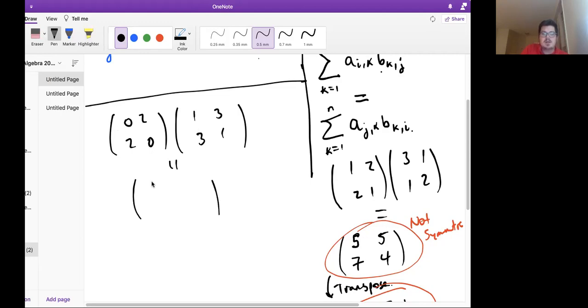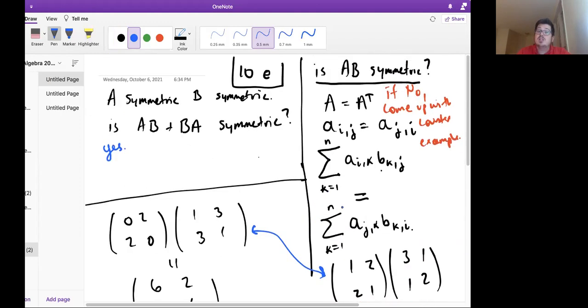In the first one, I get 6, 2, 2, and 6. That's symmetric, but we just found an example before where the product of two symmetric matrices was not symmetric. So even though I came up with an example where the product is symmetric, that doesn't say that every single product is symmetric.